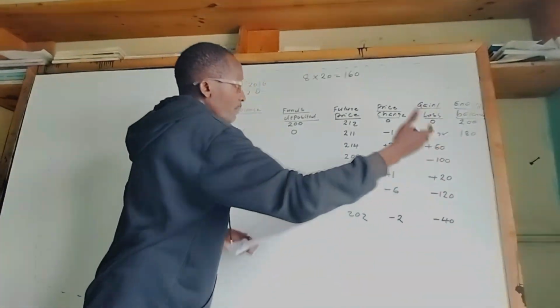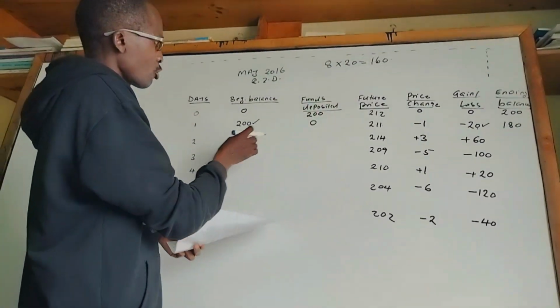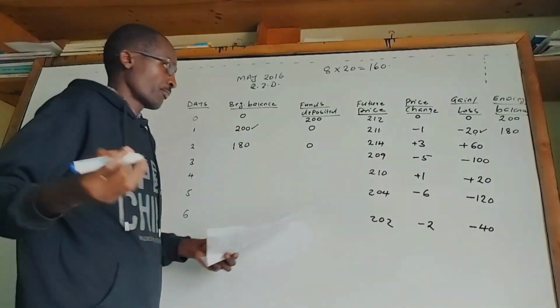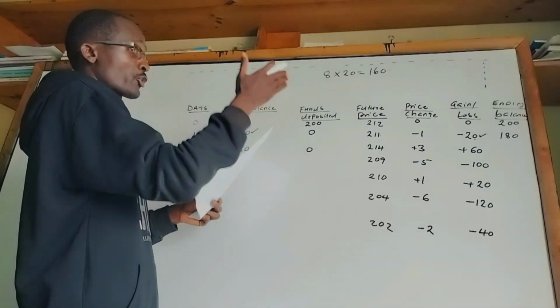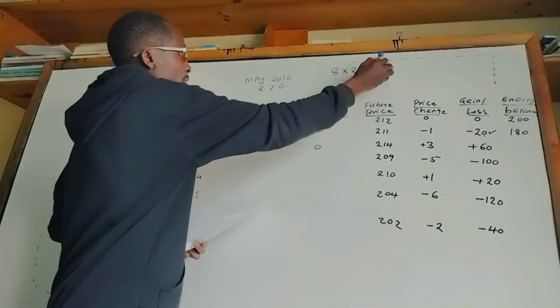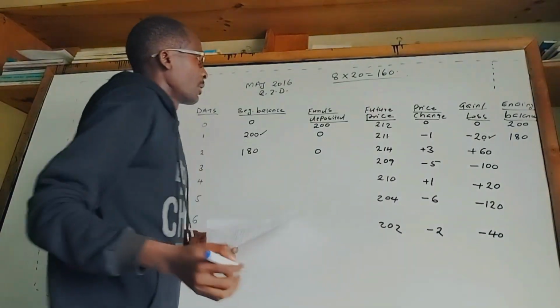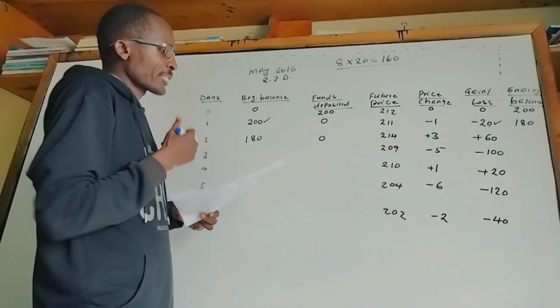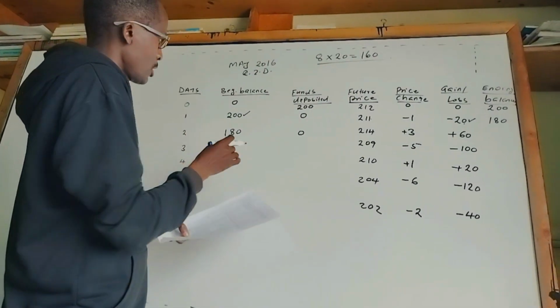At 180, our balance is not below 160, so the deposit here will be 0 because the balance in our account has not yet fallen below 160. Remember, we have 20 contracts and the maintenance requirement is 8 shillings.